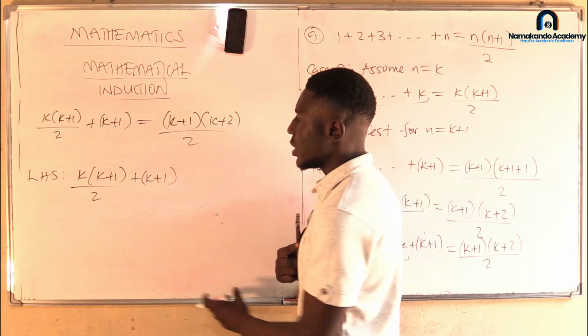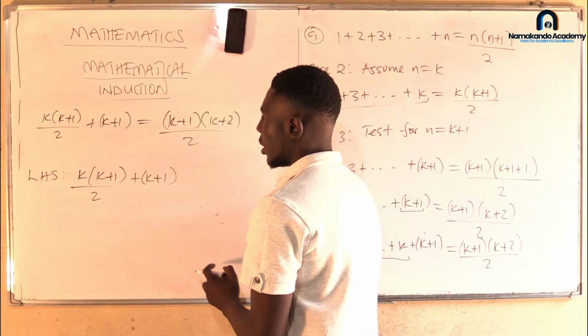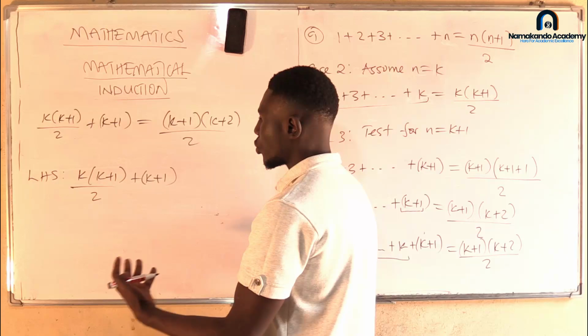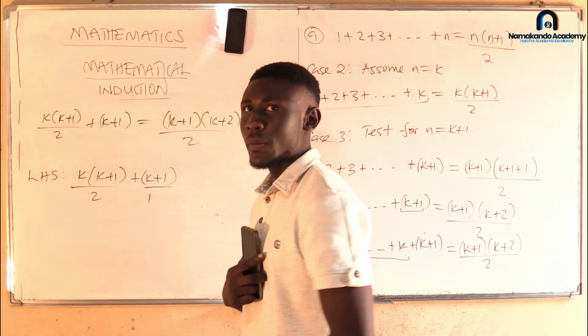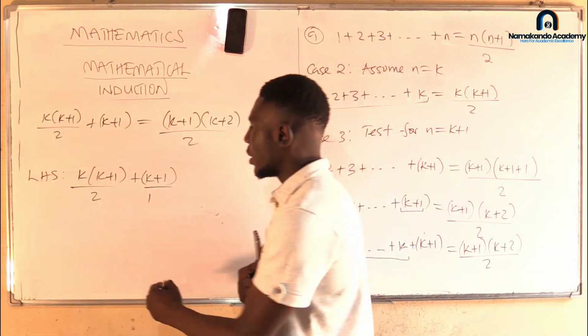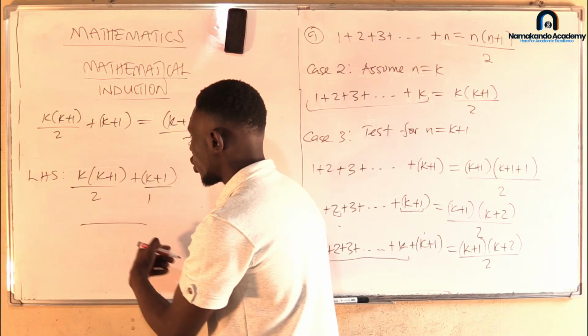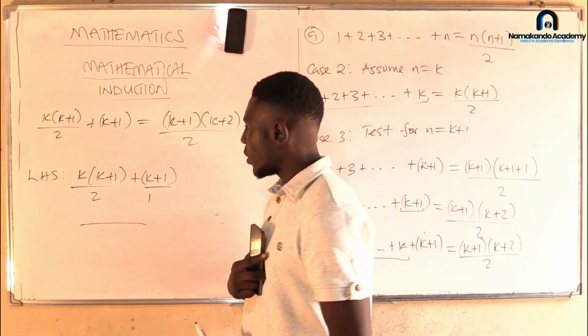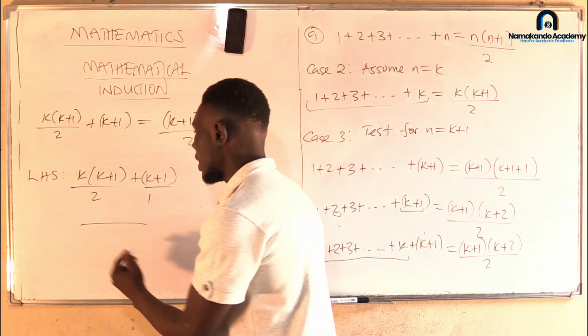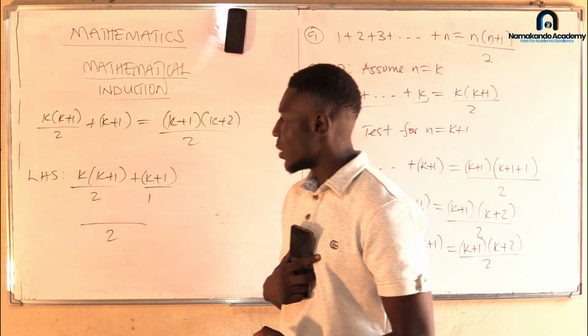So this is a fraction added to a term, so we combine them and express them as a single fraction. How do we do that? We find a common denominator. Our common denominator from basic mathematics here is 2.